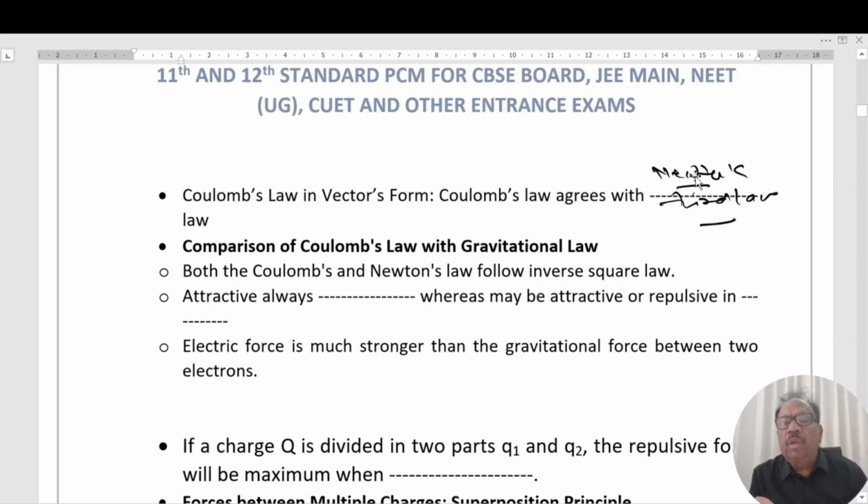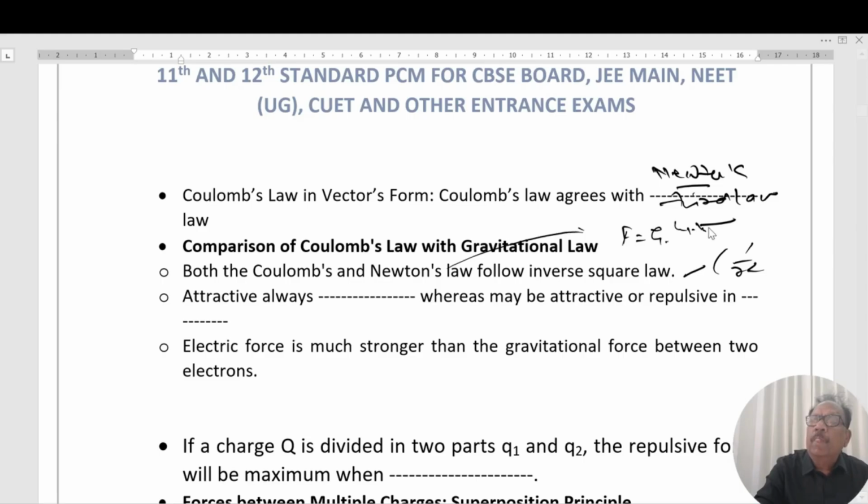Comparison of Coulomb's law with gravitational force. Both Coulomb's and Newton's force follow the inverse square law, that is, inversely proportional to 1 over R square. Newton's law of gravitational force is F equal to capital G, the universal gravitation constant, M1 M2 upon R squared, and it is always attractive.